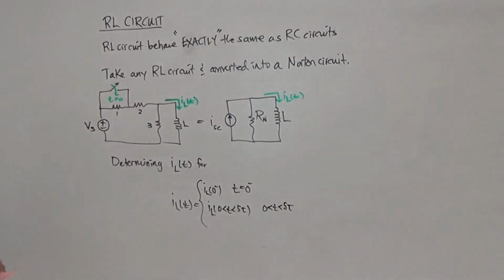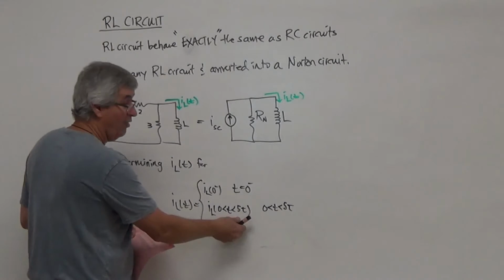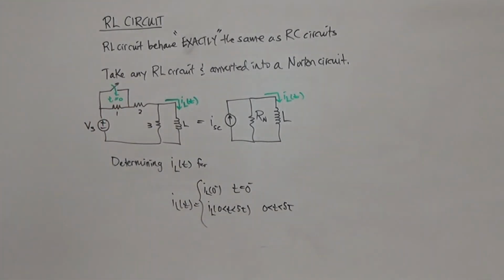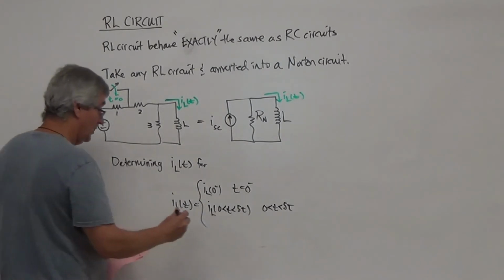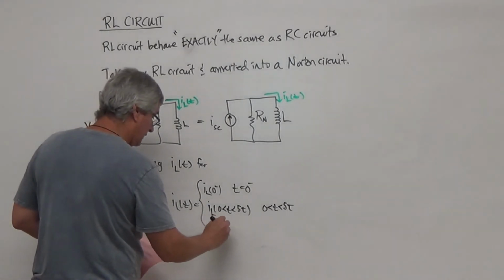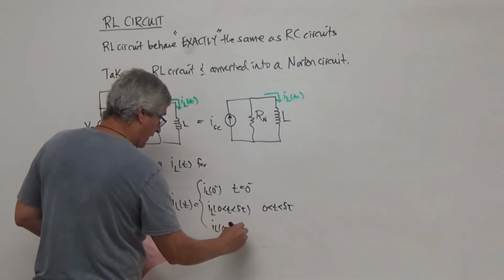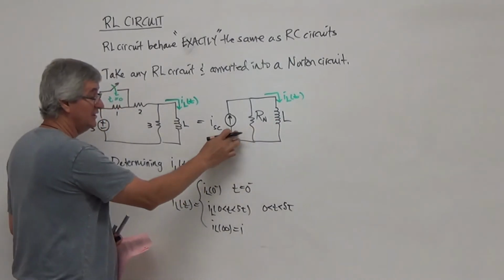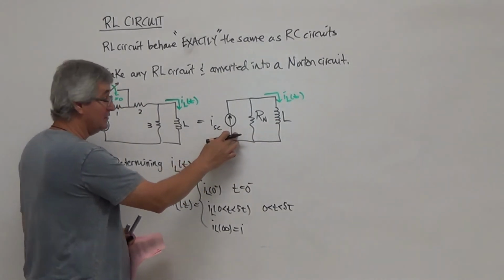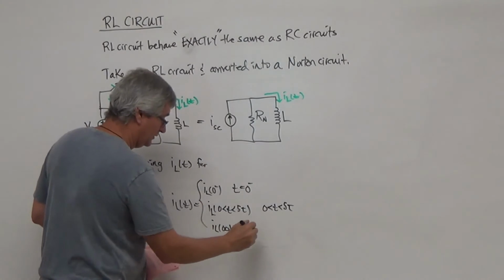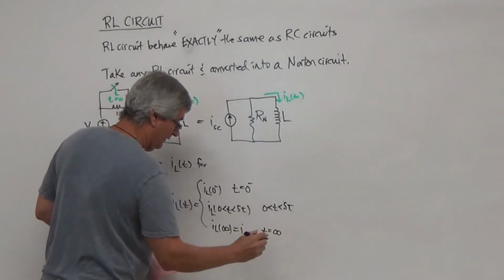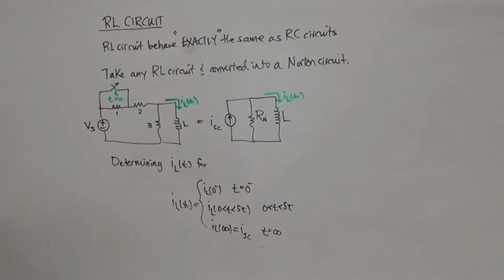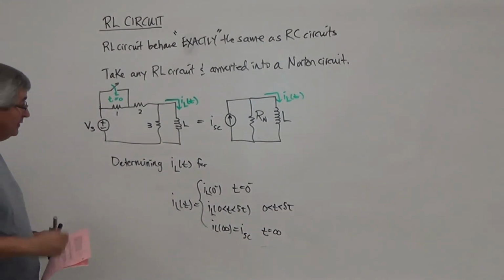That's what we're most interested in: the transient period. That means it has gone almost to its final steady state value. It's not there, but it's 99.3% there. And then finally, we want to know what IL is at t equal to infinity. According to this, when this goes to a short, it kills that resistor. We can see that the final steady state value of the inductor must be I short circuit at t equal to infinity. That's what we're interested in.